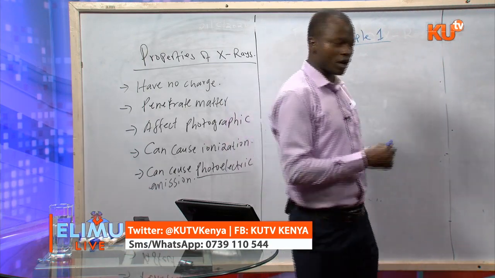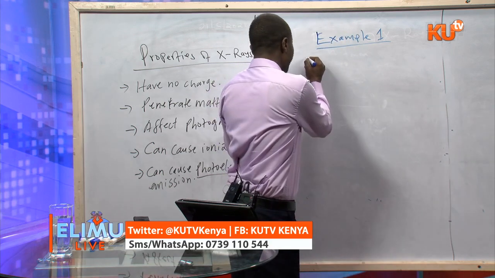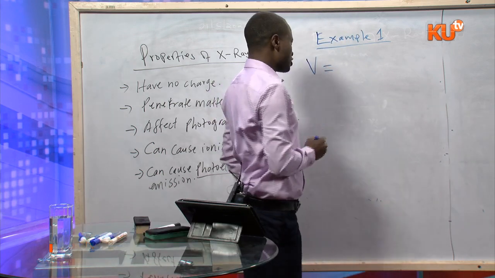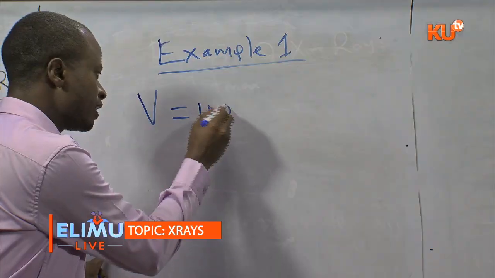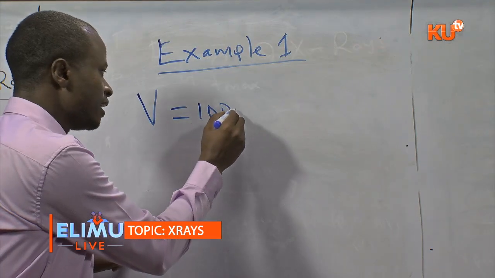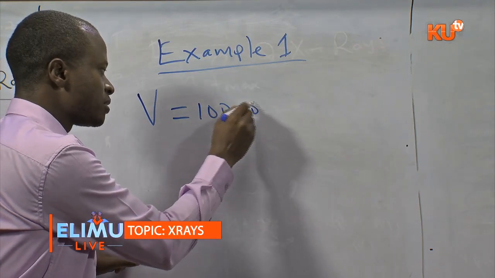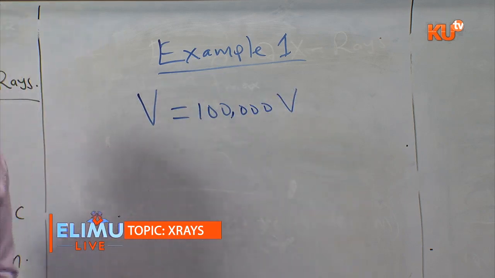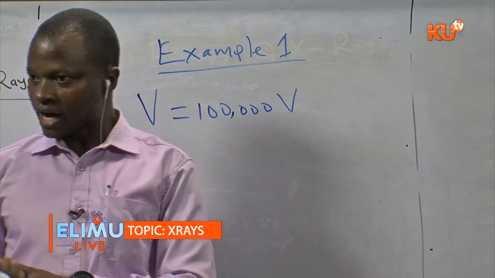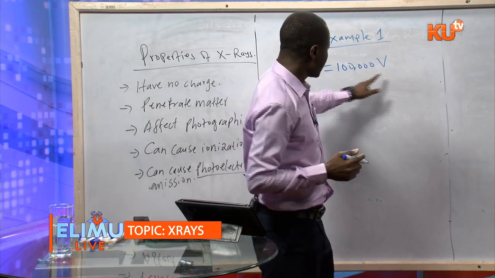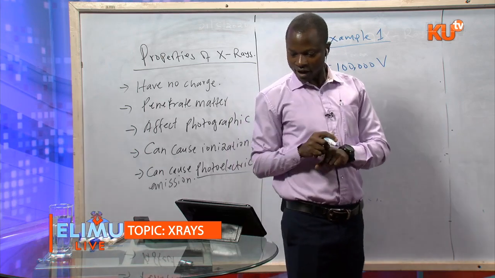So you have the menu. Our menu in this case is 1, V. Accelerating potential was 100 kilovolts. So 100 kilovolts means 100 times 1,000. So that is 100,000 volts. Kilo means 1,000. So our V is 100,000 volts.